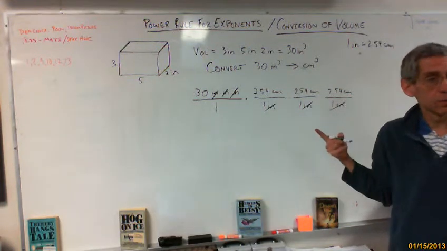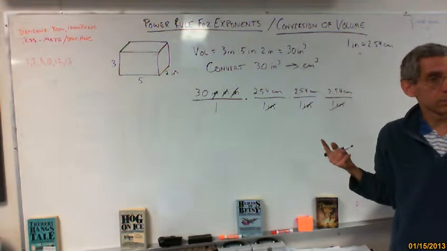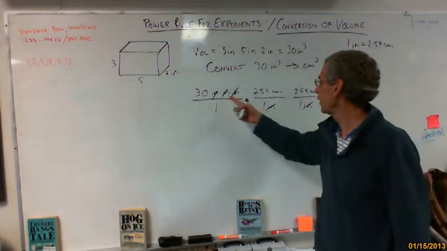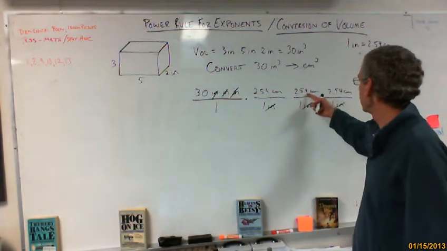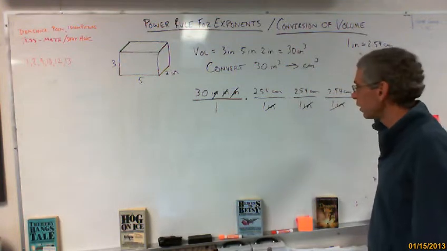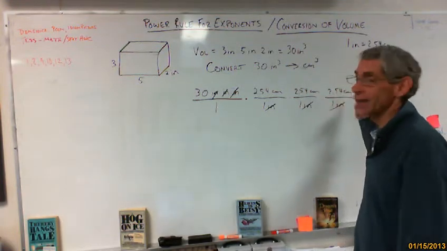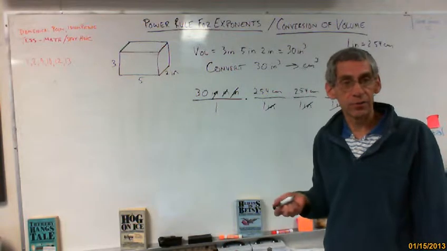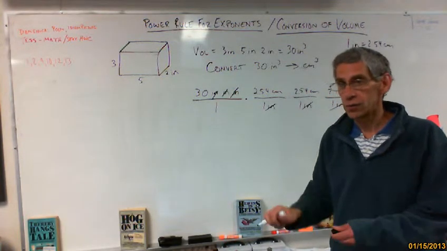Centimeters times centimeters times centimeters is cubic centimeters, right? So if we multiply that out with a calculator, 30 times 2.54 times 2.54 times 2.54, we would have our answer in centimeters cubed.